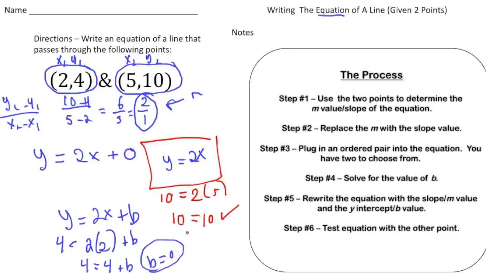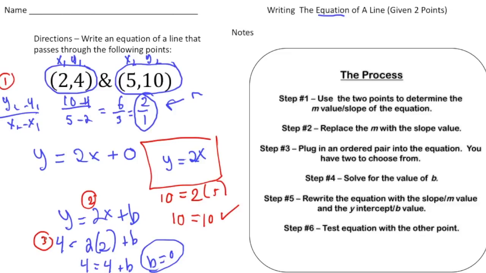Let's just real quick go over the steps again. Step number 1, you use the 2 points to figure out the slope. Step number 2, you replace the m value with the number, which you did down here. Step number 3, we had to plug in an ordered pair into the equation. That was right here.